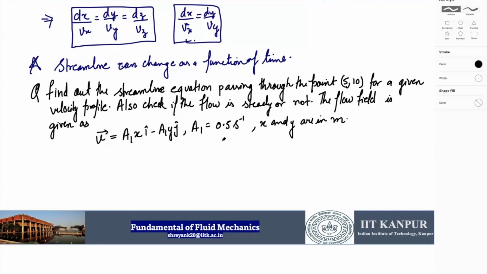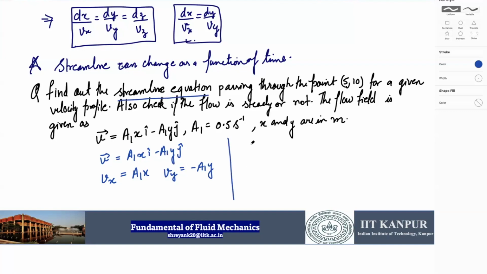To solve this question, we know what V is. V is A1 x i cap minus A1 y j cap, which means Vx is A1x and Vy is minus A1y. We wanted to find the equation of the streamline.